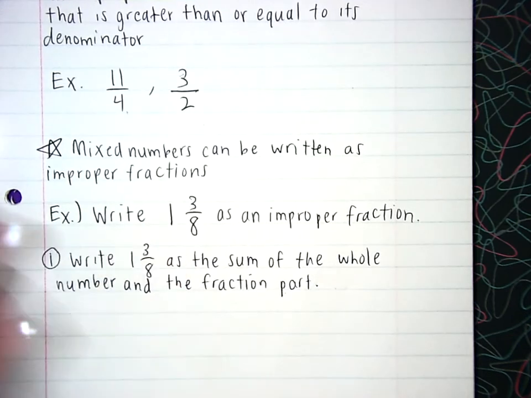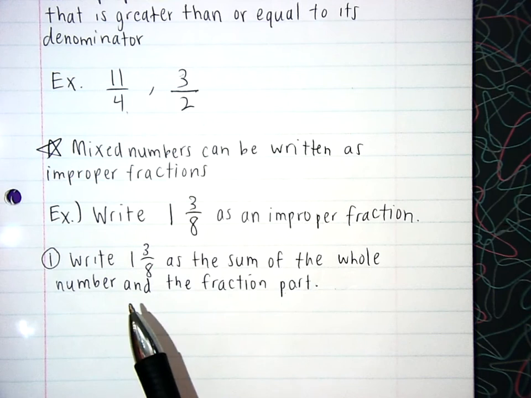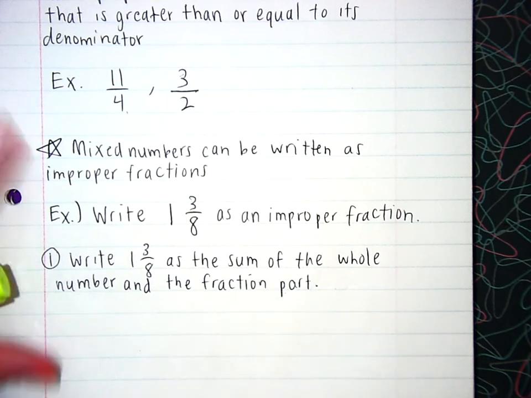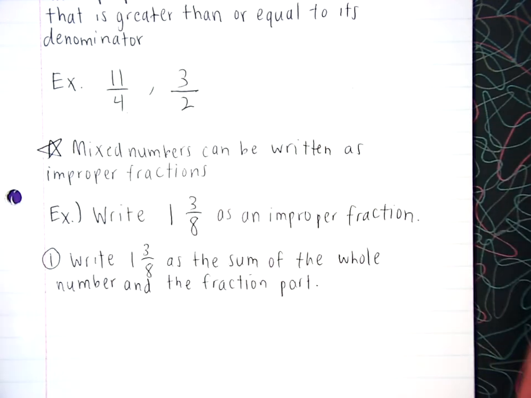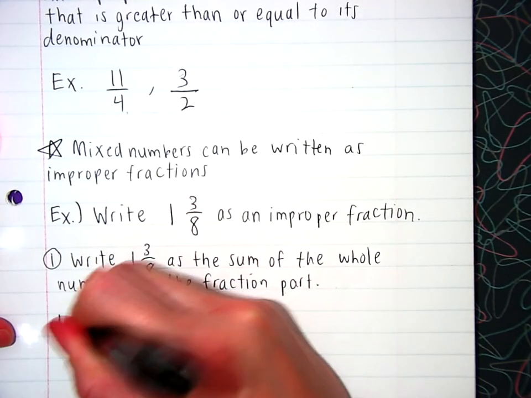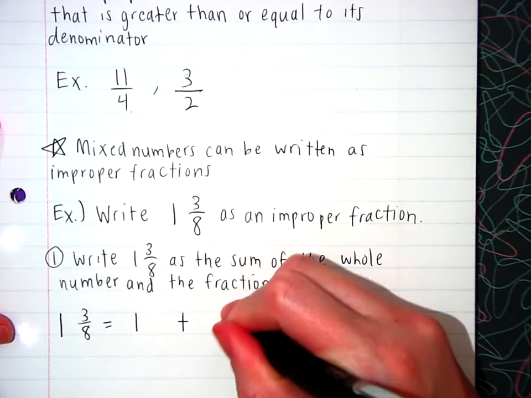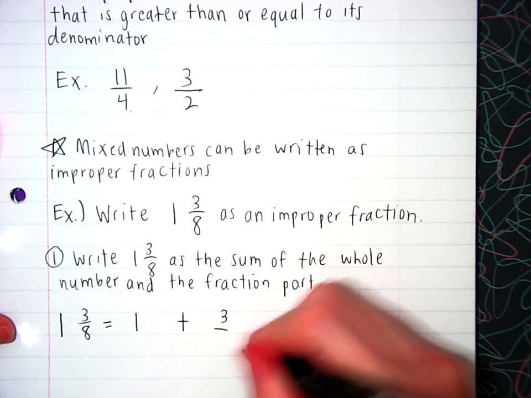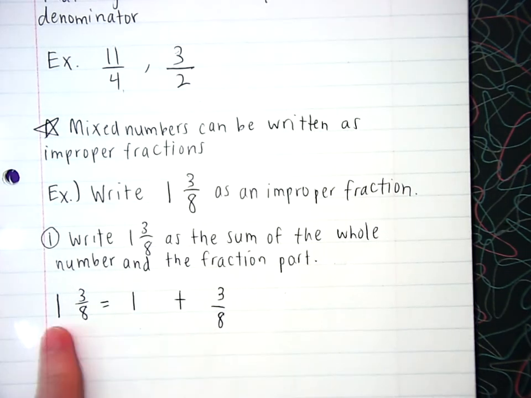And don't forget, when you say sum, you do that by adding. If I look at my fraction portion, this is what we were doing yesterday, where we were writing them out with the equation. So 1 and 3 over 8 equals 1 plus the 3 over the 8. That's what we were doing when you were breaking it apart on the assignment.